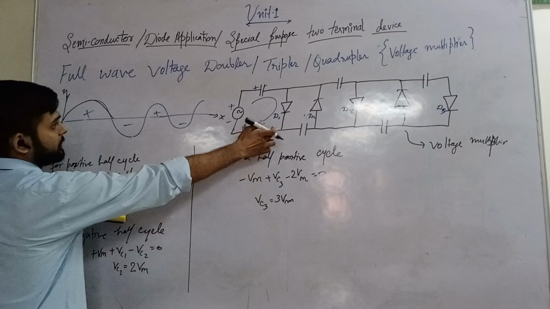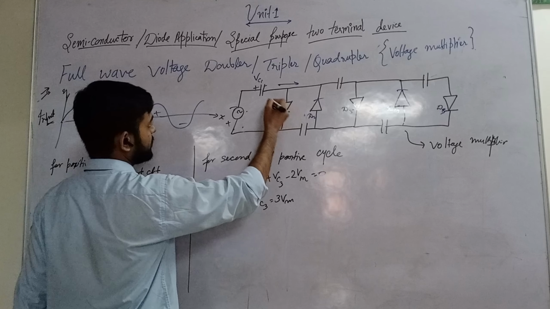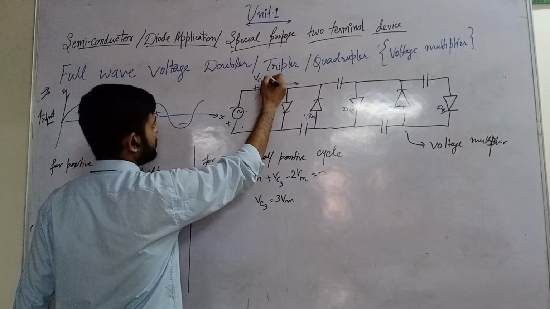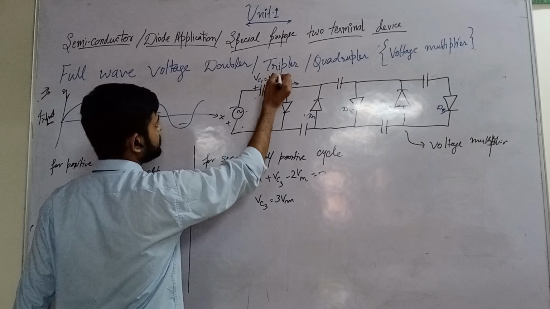After that, from the negative half cycle, changing the sign, negative, positive. After that, positive, negative, this is Vm, and the second one is current passes this way. On that condition, this is Vm plus Vc2 minus Vc1. So on that condition, Vc2 is equal to 2Vm.